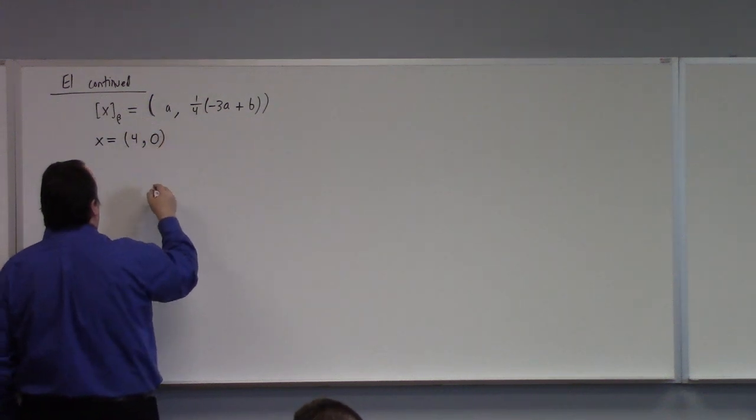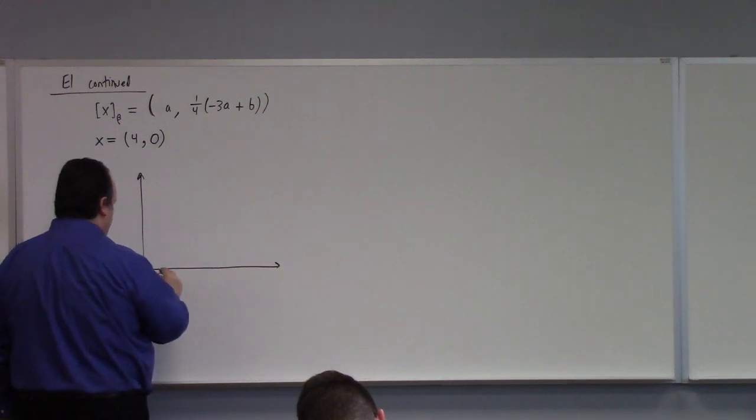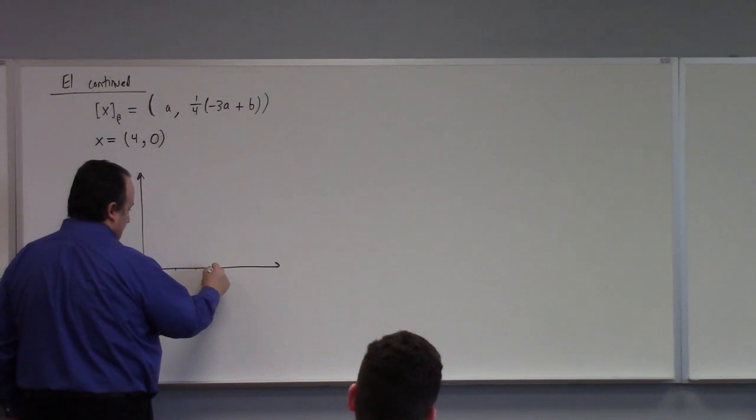At least that's easy to graph, right? All right, so where's 4, 0? That's like here, right? This is x.